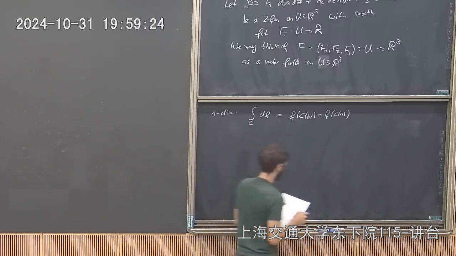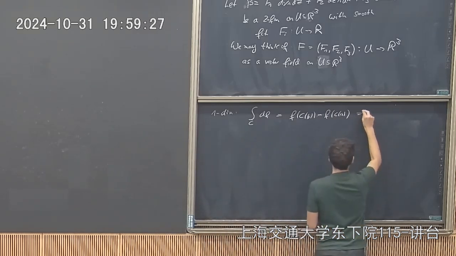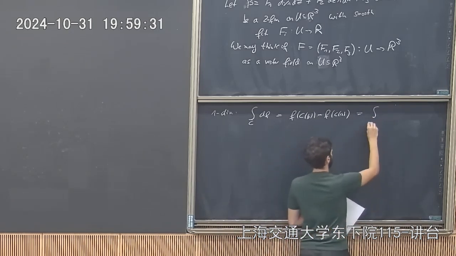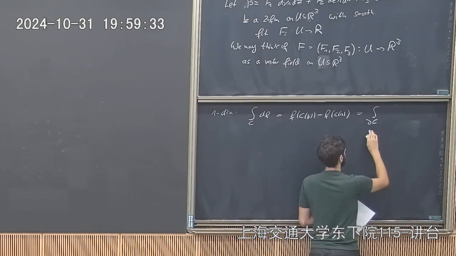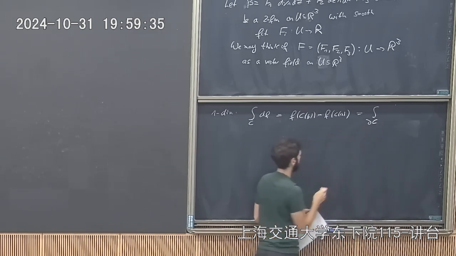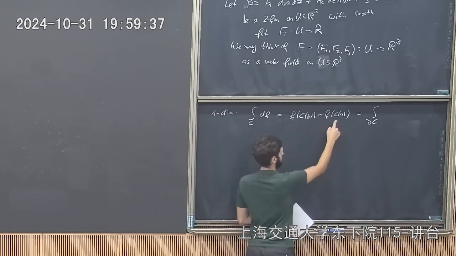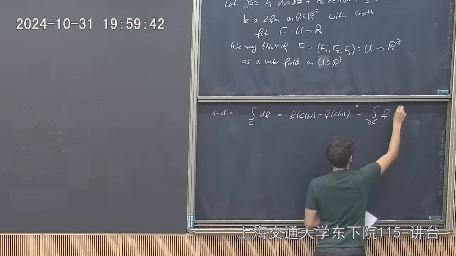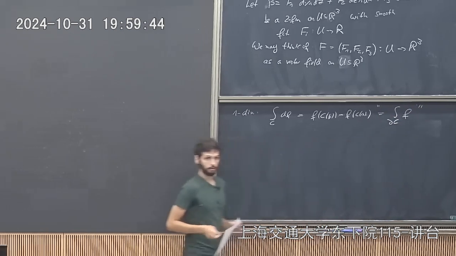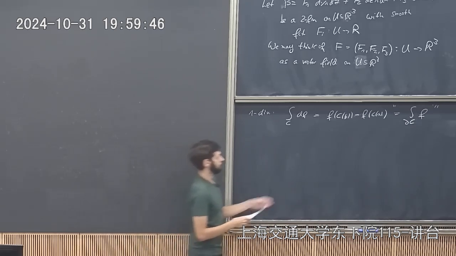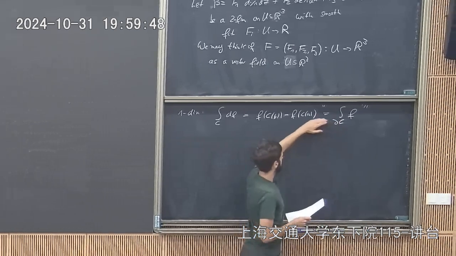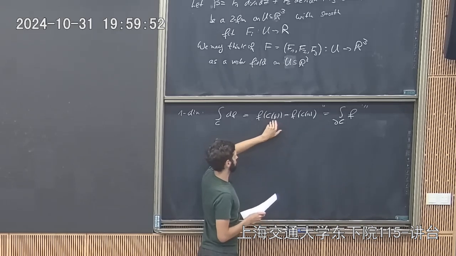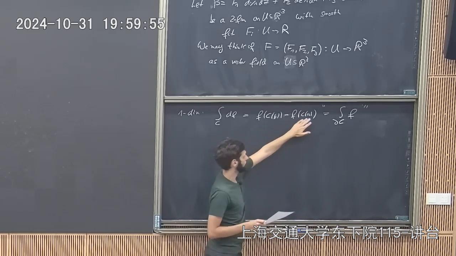So we can think of that as a very one-dimensional integral, namely we take the boundary points of the curve, which would be just the endpoints, and then integrate f over that. So it's like a discrete integral, saying that this right-hand side is taking only the boundary terms of C into account.